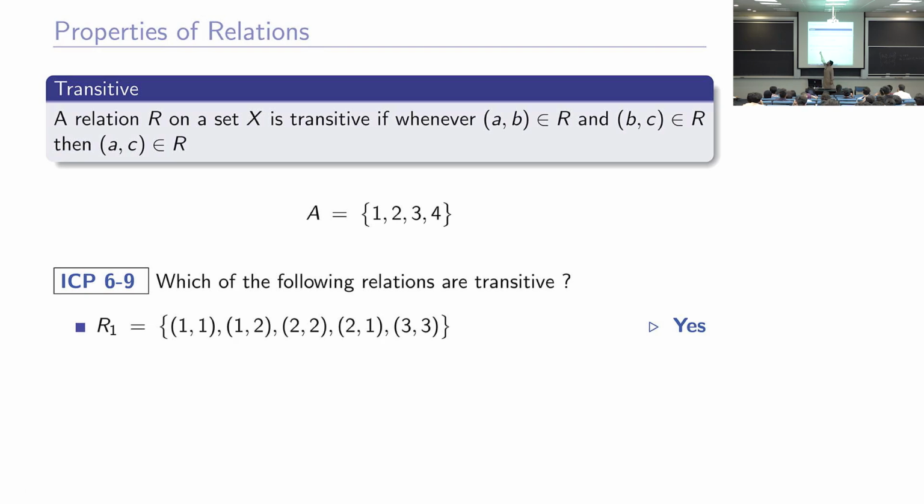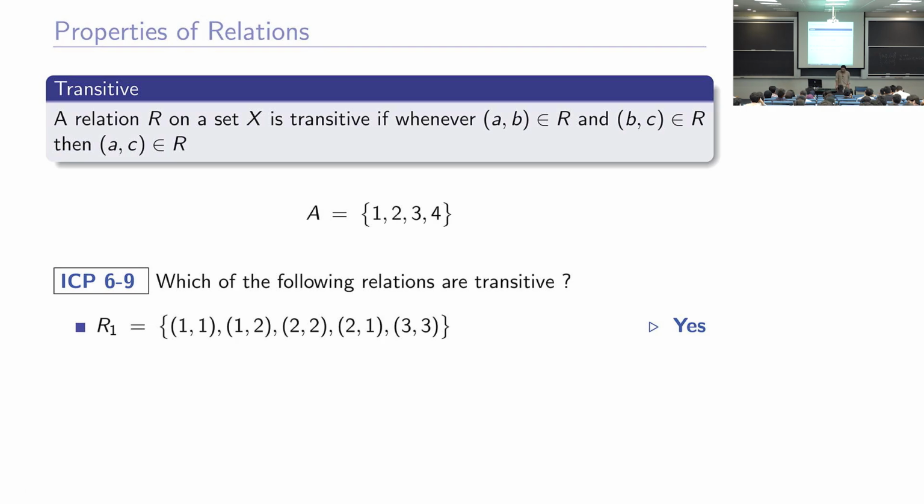This B and this B are the same. 1 is related to 1 and 1 is in turn related to 2, so 1 should be related to 2, and 1, 2 is already there. 1 is related to 2 and 2 is related to 2, so 1 should be related to 2, which is already there. 2 is related to 2 and 2 is related to 1, so 2 should be related to 1 too, and that's already there.